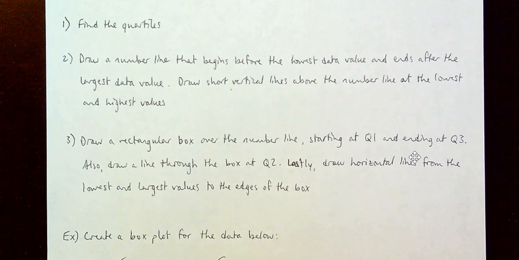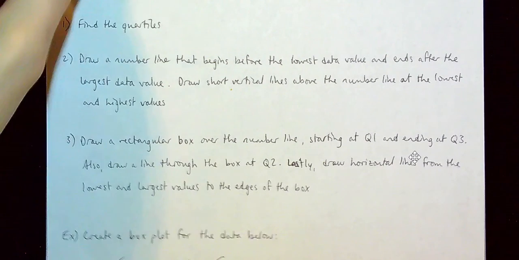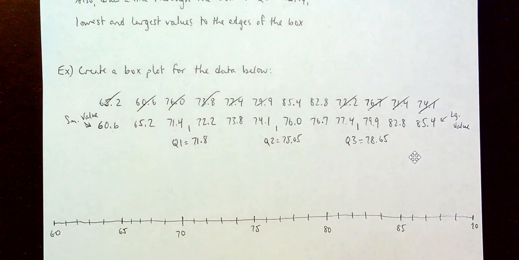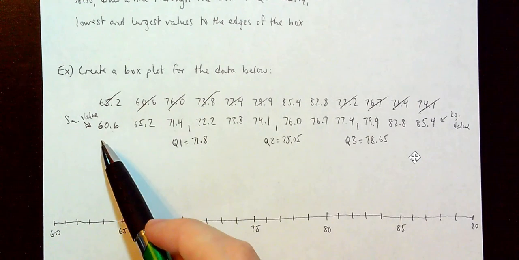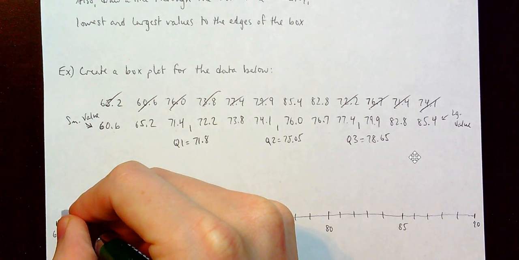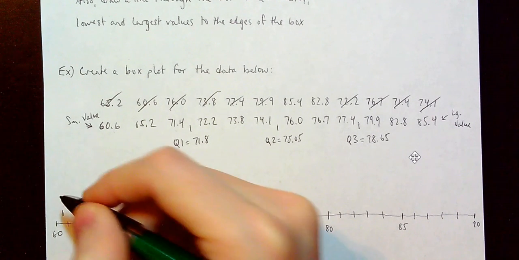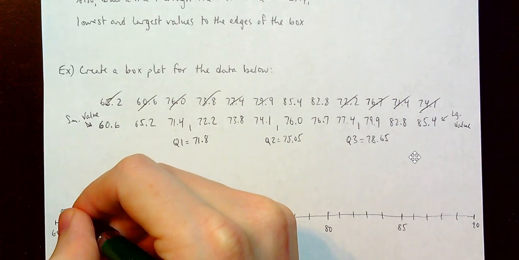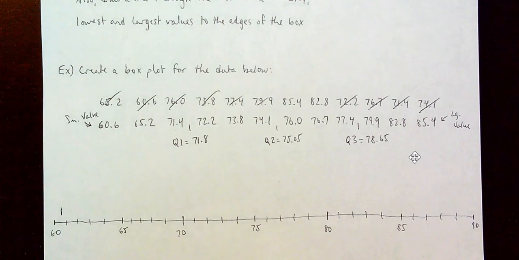Next up, I need to draw short vertical lines above the number line at the smallest and largest values. So I'm going to try to estimate where approximately 60.6 is. I'm going to say that's about there. Once more, trying to do things by hand and estimate with these decimal values, there's a little bit of leeway there.